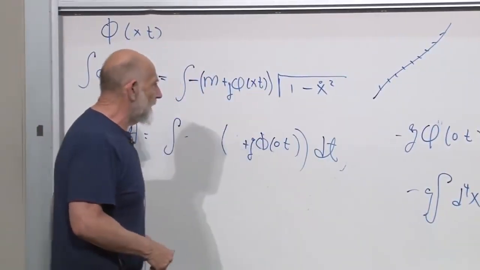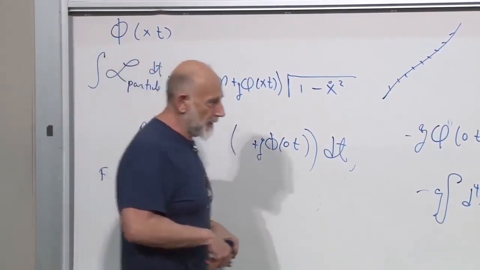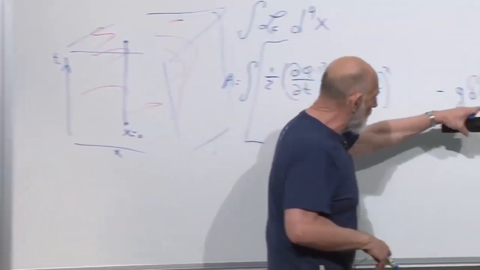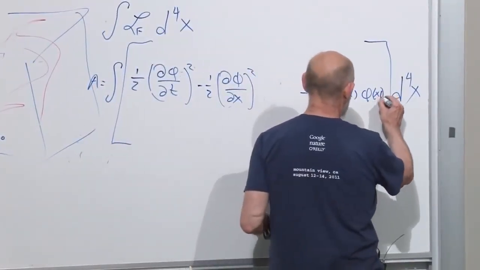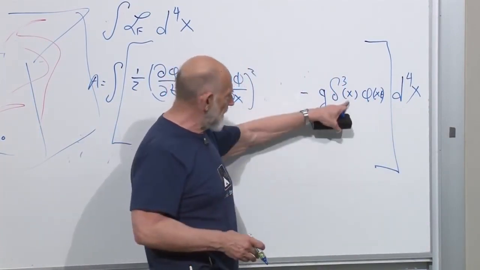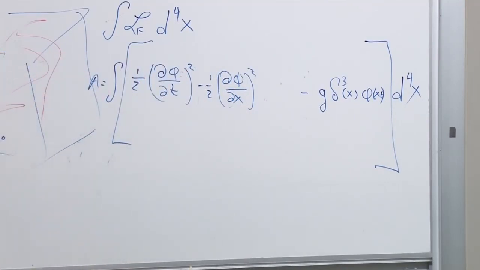It's just this term over here for the special situation where the particle happens to be at rest. We could jazz it up so that the particle moves, phi of x and t, by making the delta function move around with time. That's possible to do, but it's not important right now.